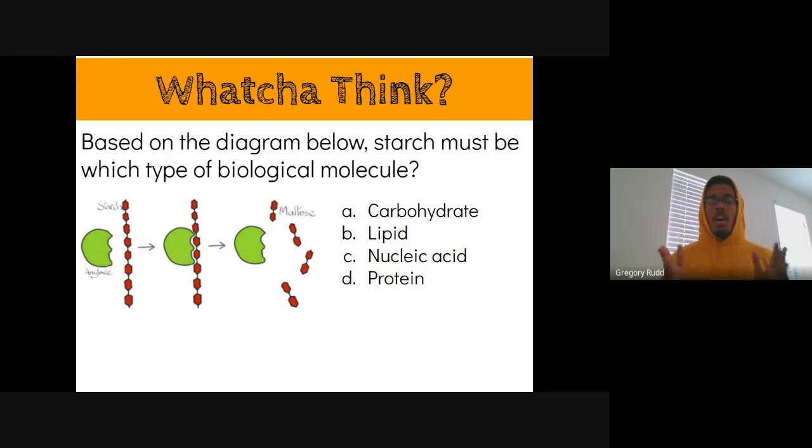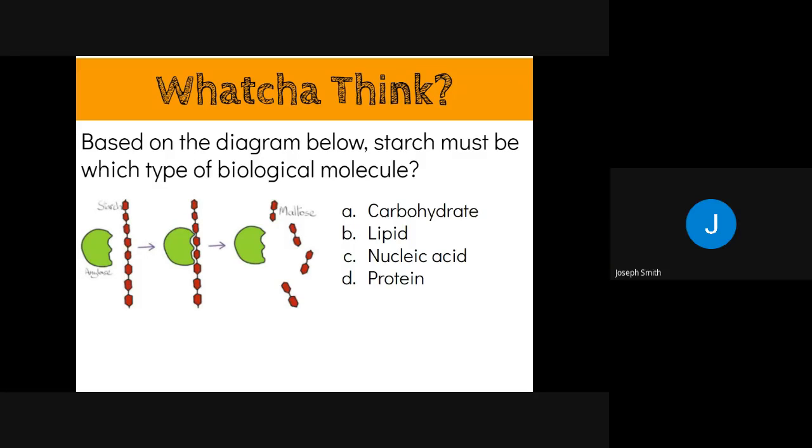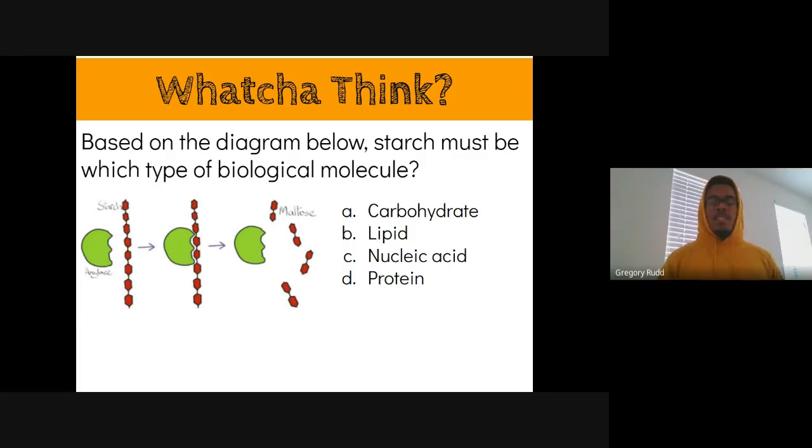And anytime we see OSE, what should we be thinking about? Carbs. Carbohydrates. Not specifically starch, but just in general, we should be thinking about sugars. Yes, you're 100% correct. When we see OSE, we should be thinking about carbs.